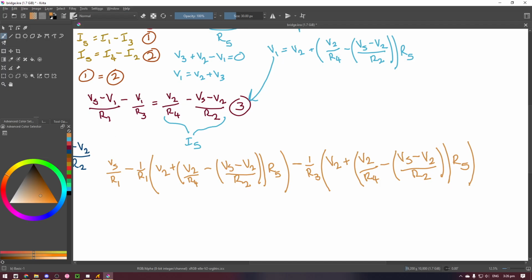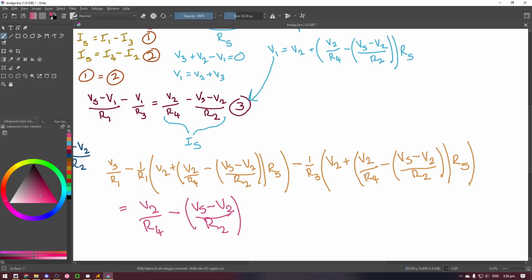So that's the bit on the left, which we will then make equal to V2 over R4 minus V source minus V2 over R2. Now, what we have here is an equation which has a singular unknown, V2. We will know V source, we will know R1, R2, R3, R4, and R5.